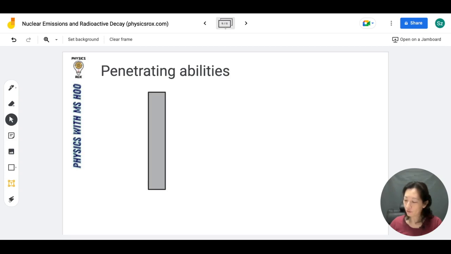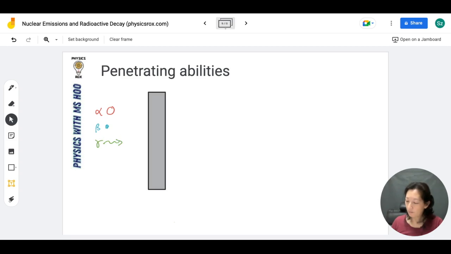Because it's got 2 protons, 2 neutrons, that means it is massive. So let's say alpha here, massive. Alpha is a little bit massive compared to beta, which is just an electron, and gamma, it's just waves.